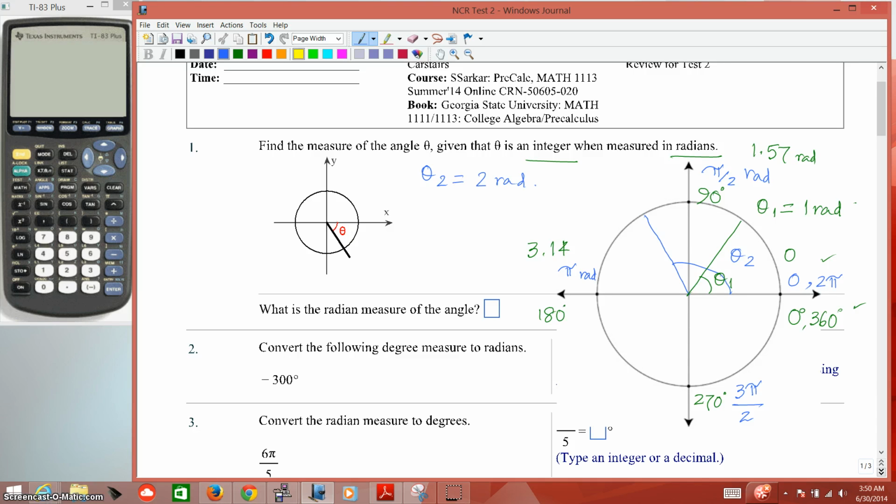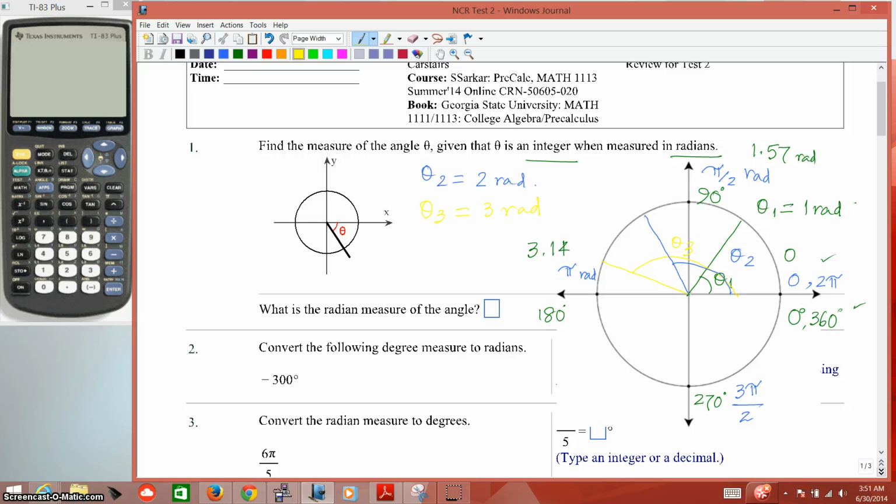If I had marked another angle, let's say something like theta 3, the yellow angle, so theta 3 comes out to be again in the second quadrant between 1.57 and 3.14, but if you think logically, your angle is closer to 3.14, so the radian integer value can only be 3 radians.